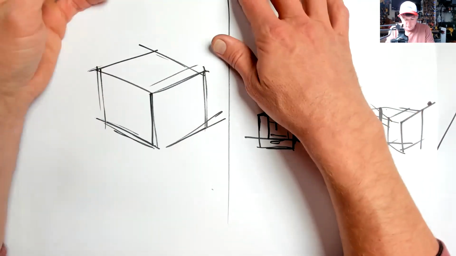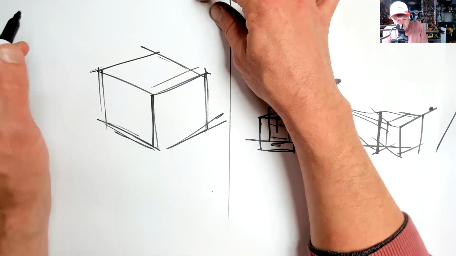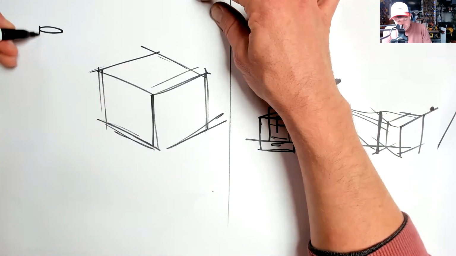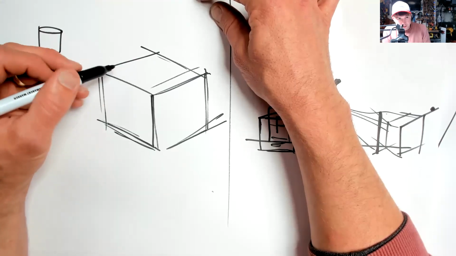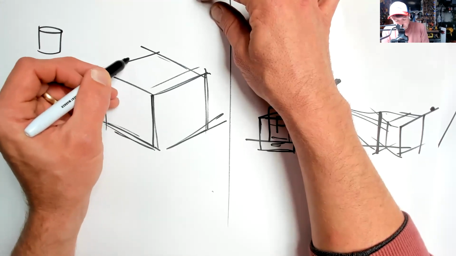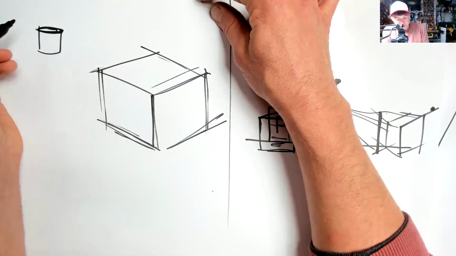But from this cube, what I want to show you is an isometric cylinder, because I'm sure you've drawn cylinders before. There's a cylinder right there, no big deal. But is it isometric? Probably not, unless you could see the top face. This is too narrow, the top face, for an isometric cylinder.